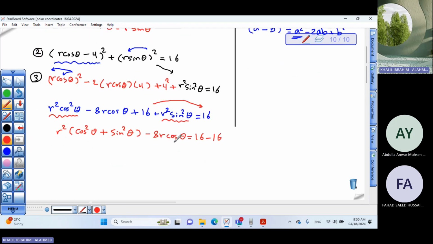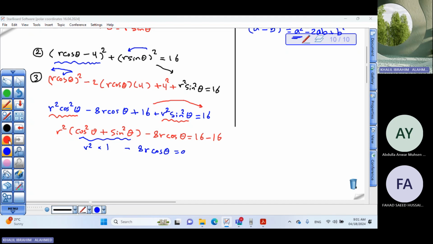Everything is ready now. Cosine squared plus sine squared equals 1. This is r squared times 1 minus 8 r cosine theta equals 0.